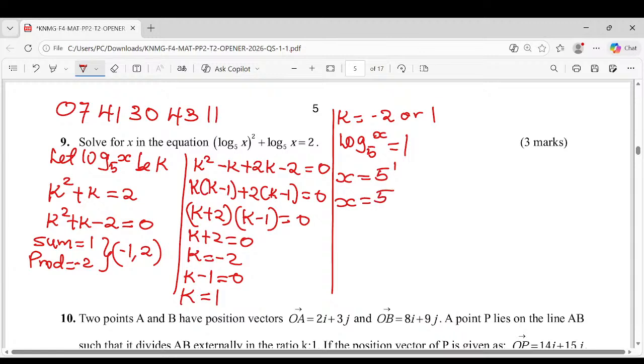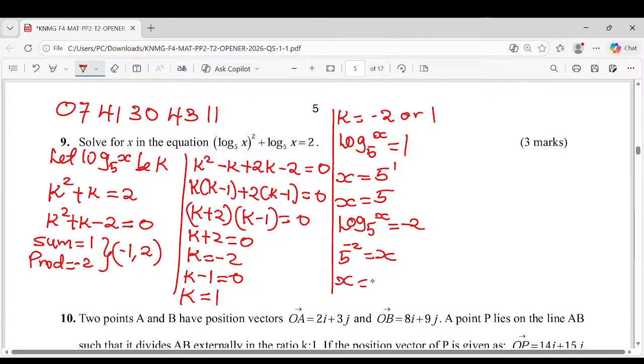In the next case, again, I'm going to say log to base 5 of x is equivalent to -2. This will mean that 5 raised to power -2 is equal to x. And what is 5 raised to power -2, ladies and gentlemen? 5 raised to power -2 is 0.04, or we can talk about 1 over 25.